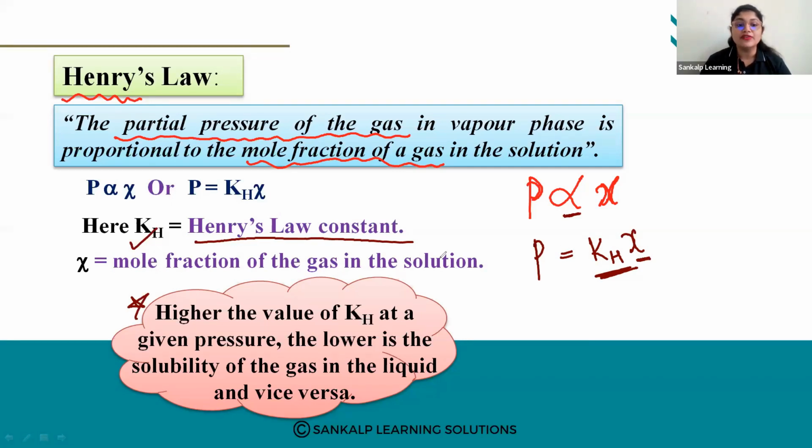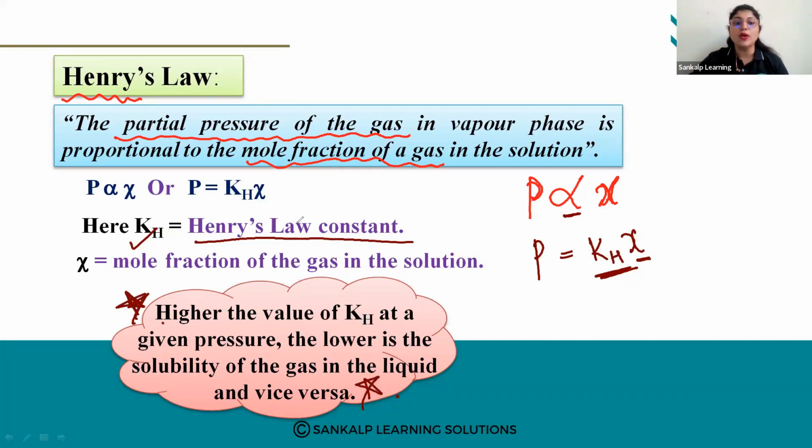If the value of Kh is higher at a given pressure, the solubility of a gas in the liquid is lower, or vice versa. If the value of Kh is lower, then the solubility of a gas in the liquid will be higher. So it is inversely proportional. Remember this statement, very important.